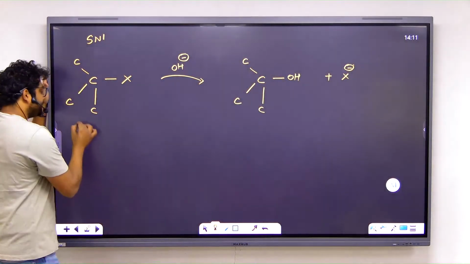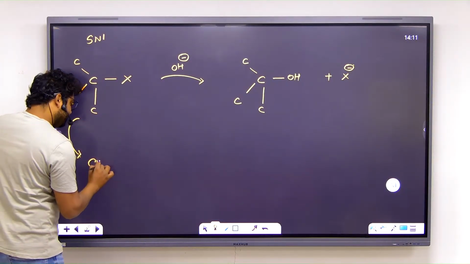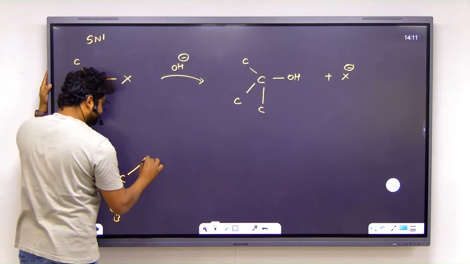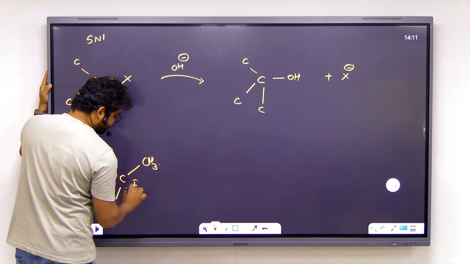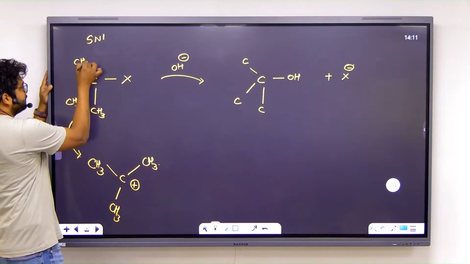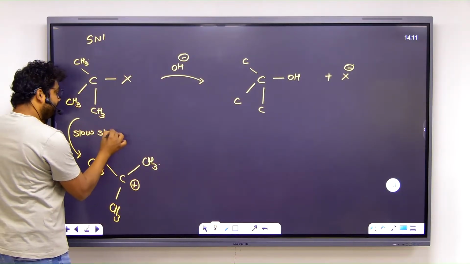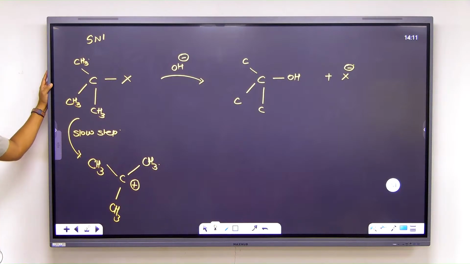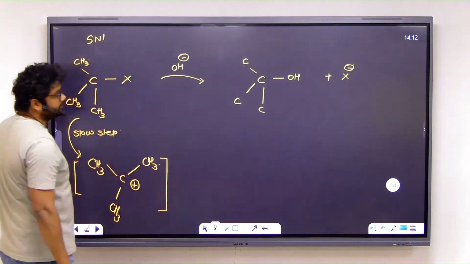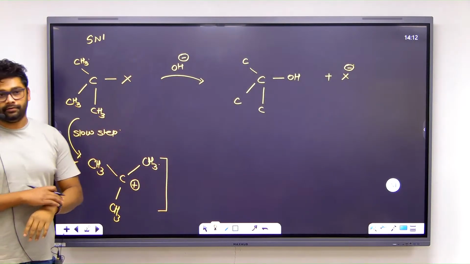But along with the reaction, you will see that there is a formation of a carbocation at the first location. And formation of carbocation is one of the slow steps. It forms independently. It does not depend on the concentration of nucleophile OH minus.